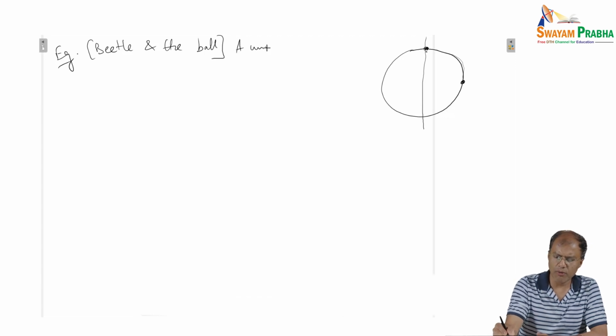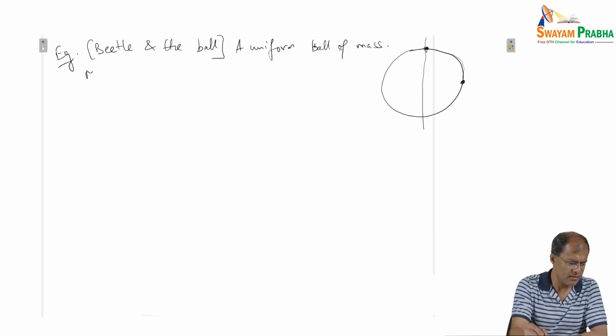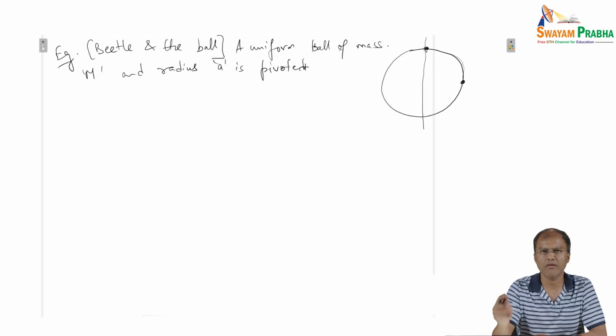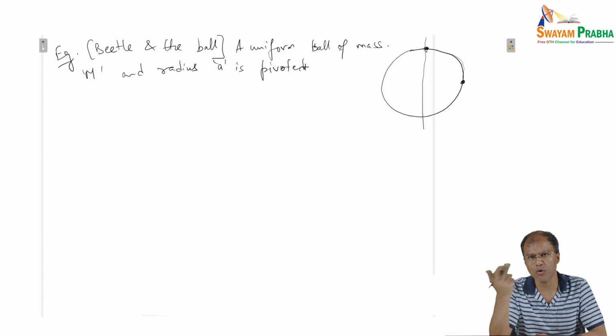So a uniform ball of mass m and radius a is pivoted. Pivoted means it is fixed in such a way that it is able to rotate.